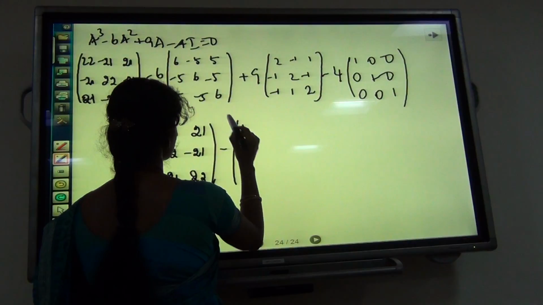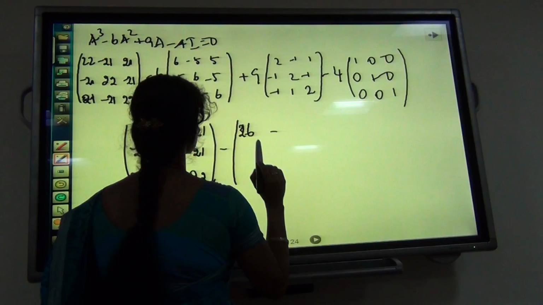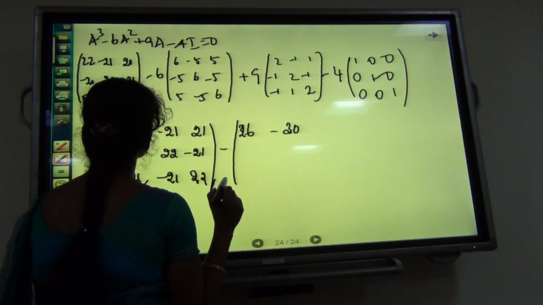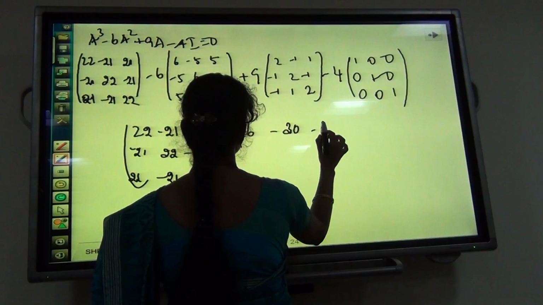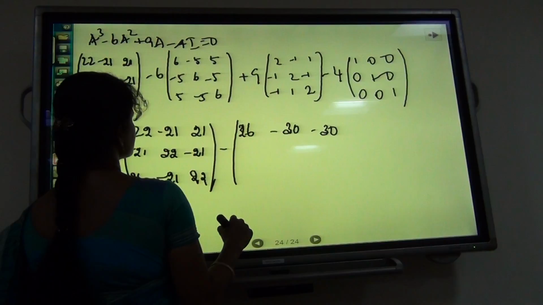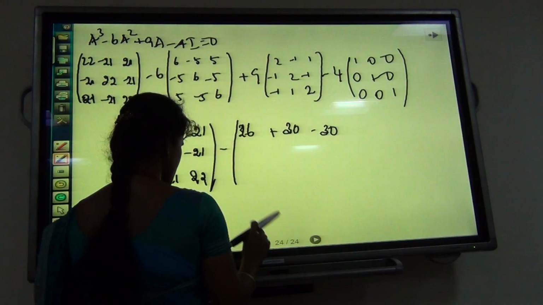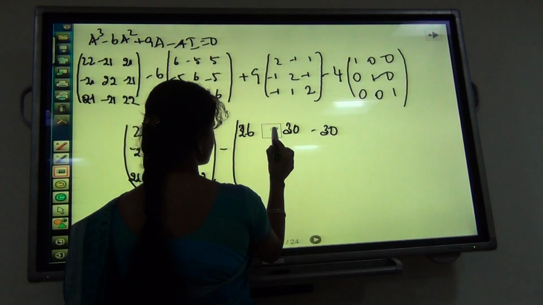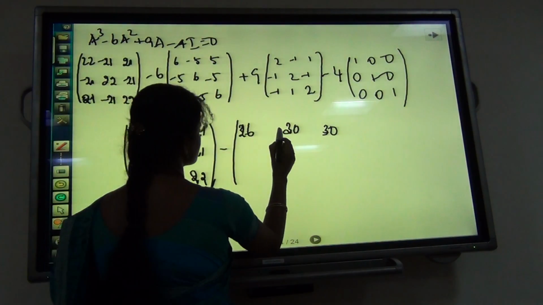It is, when you multiply this by 6 you get 36, minus 30, minus 30, it's plus 30. Here we have a minus sign, so it is minus 30.